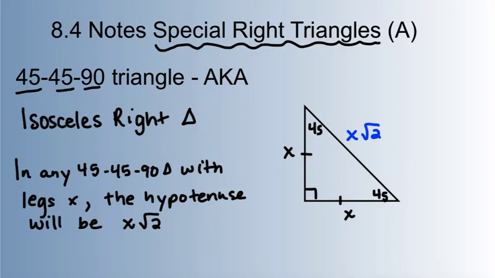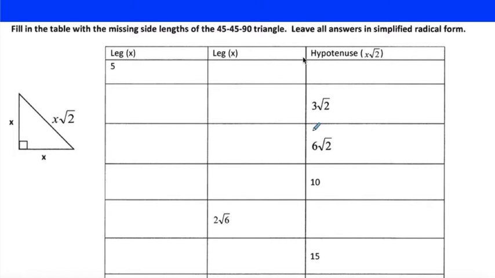Now, I did ask you to try some problems for homework, but I'm going to go through each one of these. Okay, so here were the examples. So it says in this first one, we'll call this number 1, if one leg is 5, the other leg is 5, and then the hypotenuse would be 5 root 2. There I am multiplying by root 2. All right, let's look at number 2.